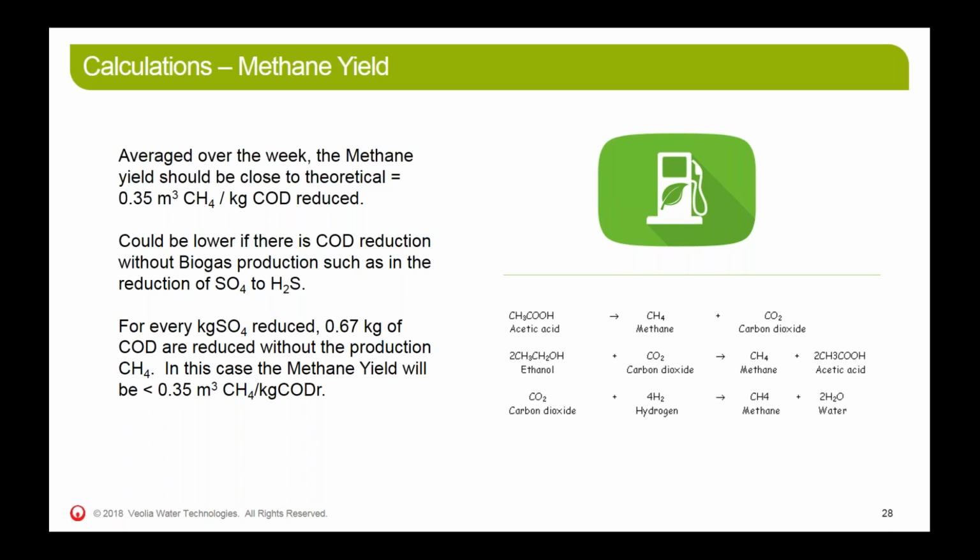This is something you could easily input into a data sheet, just to have another checkpoint: when you put your data in, does the COD reduction match the biogas yield? And if for some reason that is way off, then you might want to look into some things a little bit more closely.